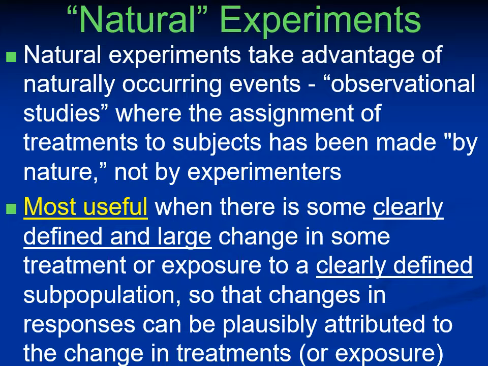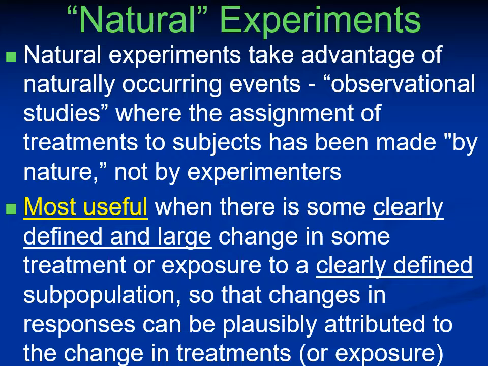You get a lot of natural experiments in epidemiology, and you get them in economics. A couple of quick examples here: comparing tranquilizer sales in a community hit by a hurricane with sales in a similar community that wasn't affected by a hurricane.